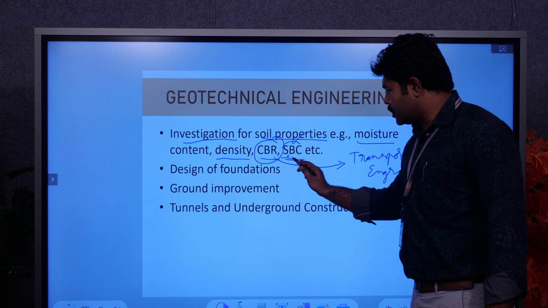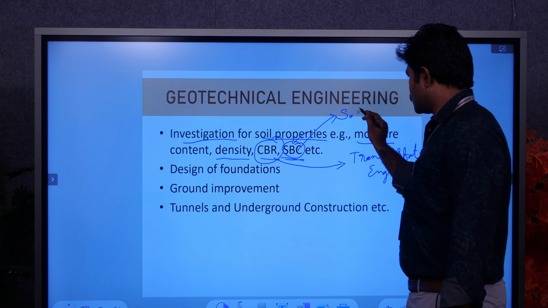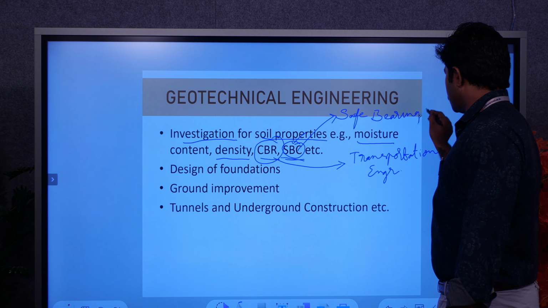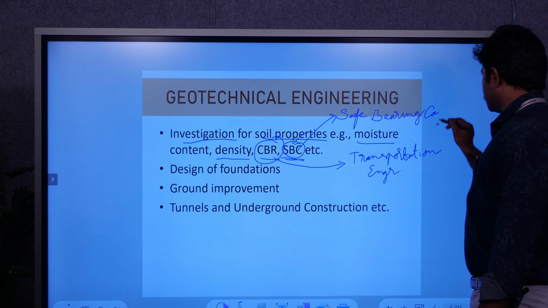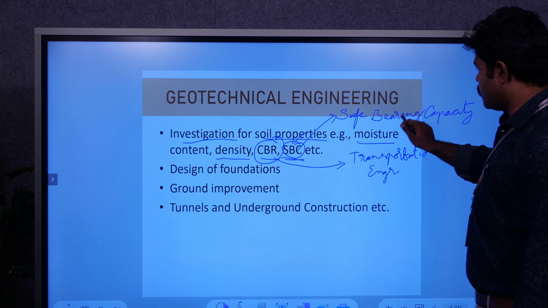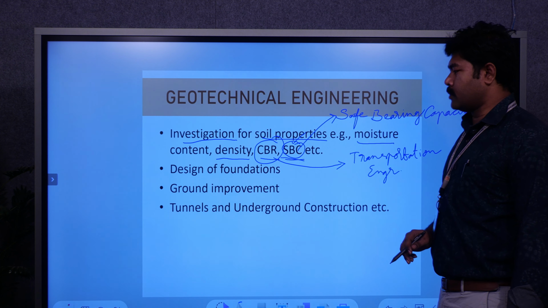The geotechnical engineer will also provide the SBC. SBC means safe bearing capacity. The safe bearing capacity of soil is a property of that particular soil.